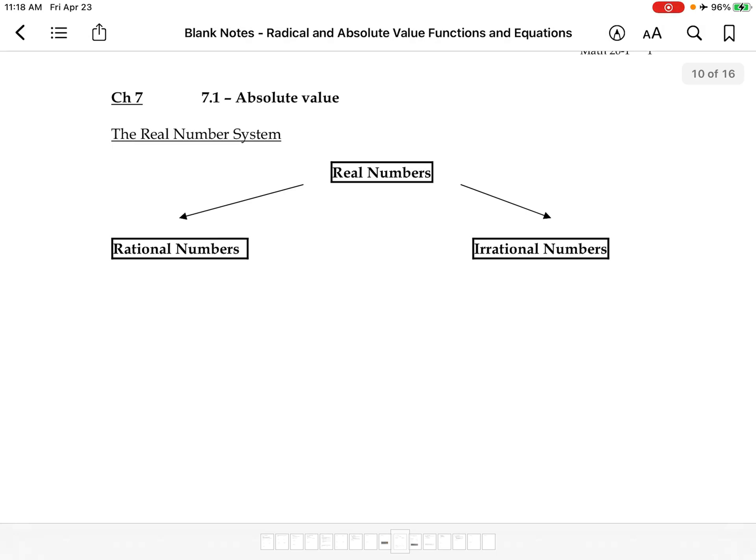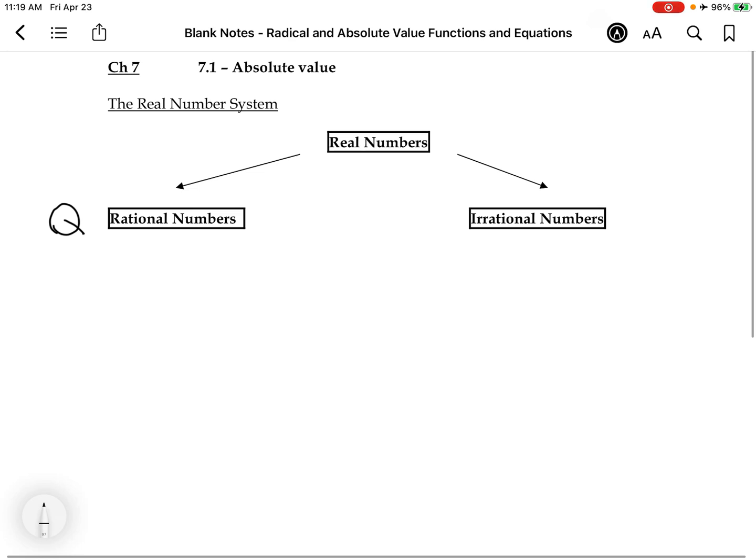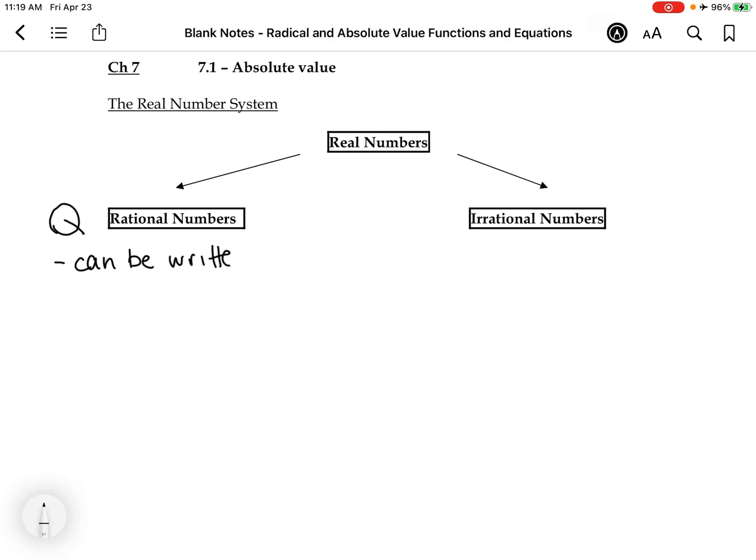One category is the rational numbers, and the symbol that we use for rational numbers is the symbol Q. And a rational number is defined as a number that can be written in the form A over B, where A and B are both integers, and we'll define integers in a second, but B cannot be 0, because if we divide by 0, then we get something that's undefined.